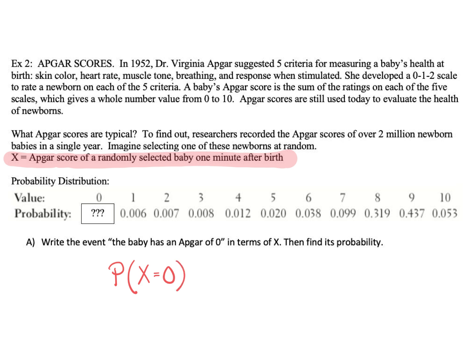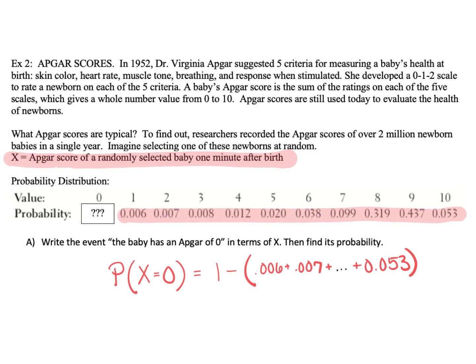Now, how am I going to do that? Well, I know that it's probably easier in this scenario to find the complement, so I'm going to do 1 minus the sum of all these values. A shortcut here, rather than writing them all out, is to put the first 2 or 3 up to the last value, probability of 10, which would let somebody know that you're summing all of the values from 1 through 10.